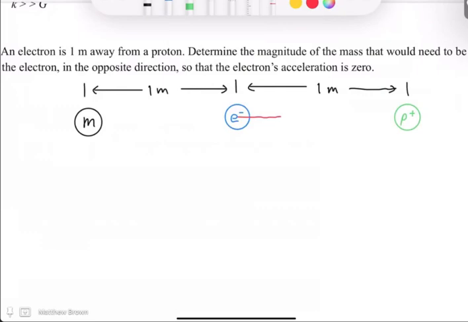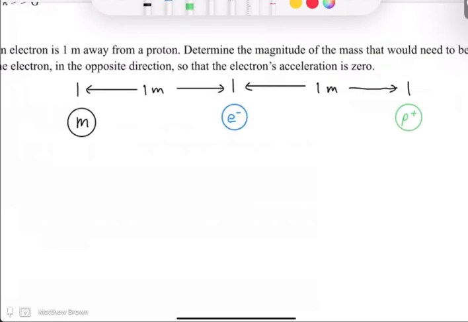Well, on this side, we'll have the force of gravity. So this will be whatever that mass is. I'll just leave that as an m times the mass of the electron, and that's all over r squared. So in this case, it's just 1 squared, which is 1.